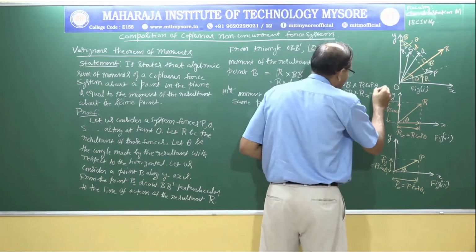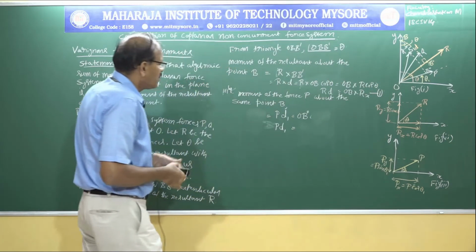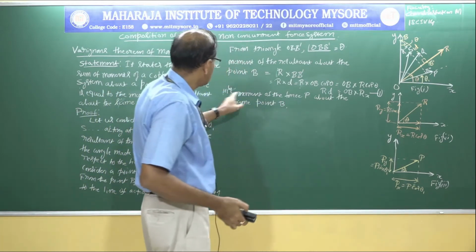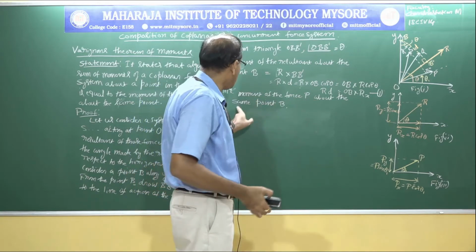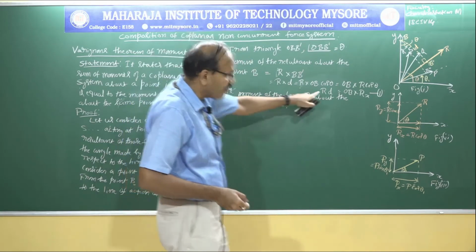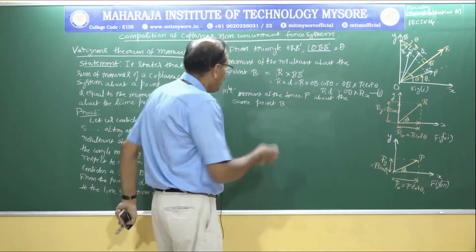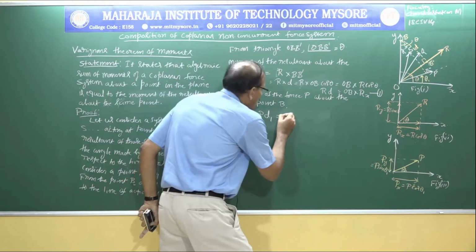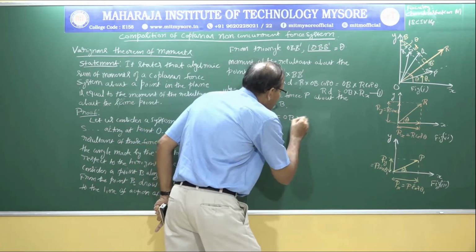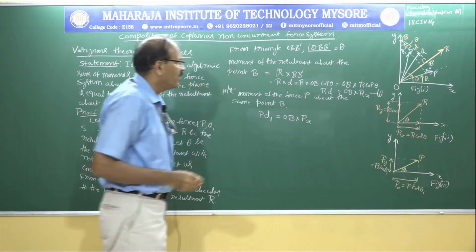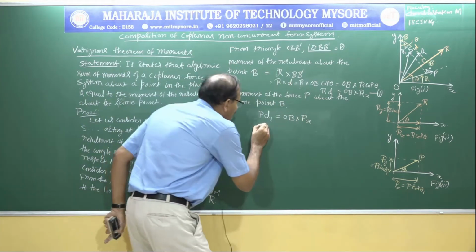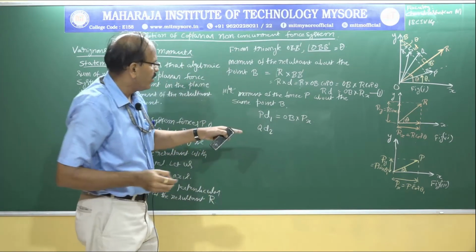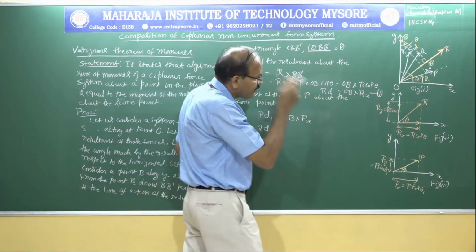So this I am going to call equation 1. So for the moment of the force P about the same point B, I can write PD1 equal to OB into Px.